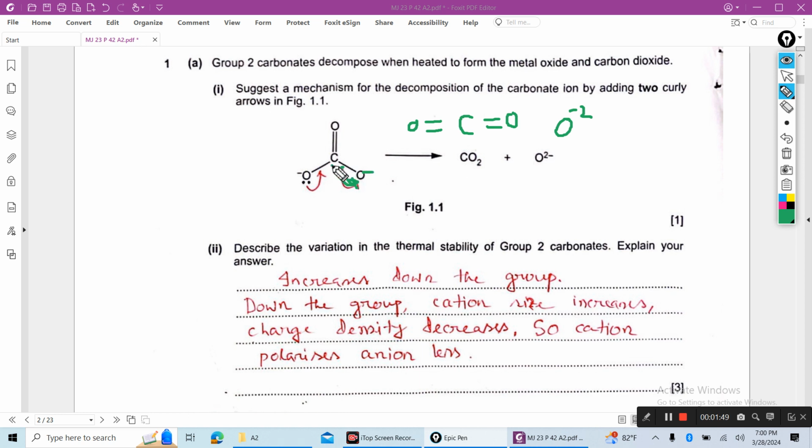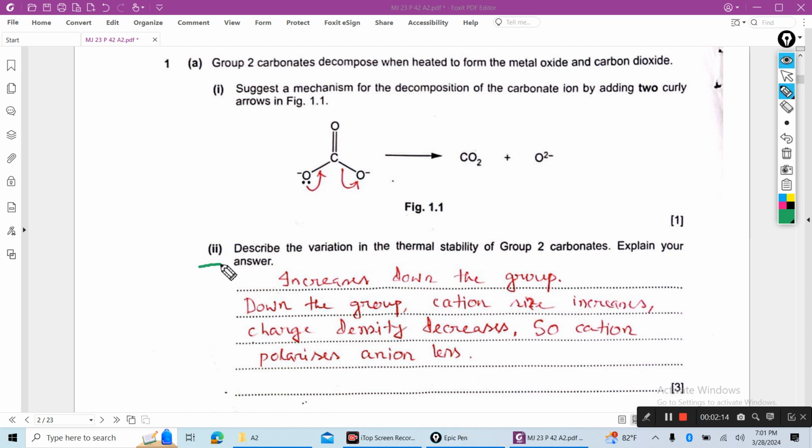Then this carbon becomes positive, so this lone pair of electrons goes to here and forms a double bond. So this is why the carbon-oxygen double bond is produced.